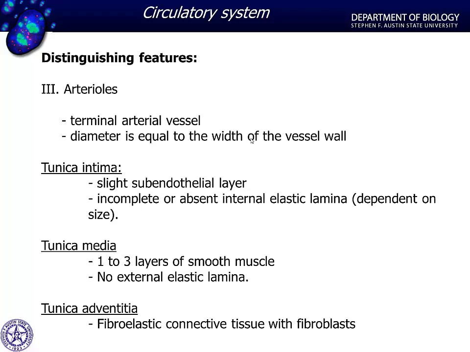We are not going to have an external elastic lamina at all. And so in the media, we're going to be counting layers of smooth muscle, anywhere from 1 to 3 layers. And then, of course, we're going to have somewhat of this fibroelastic connective tissue of the adventitia, and it's going to be much thinner than we've seen with our larger muscular and the largest elastic arteries.